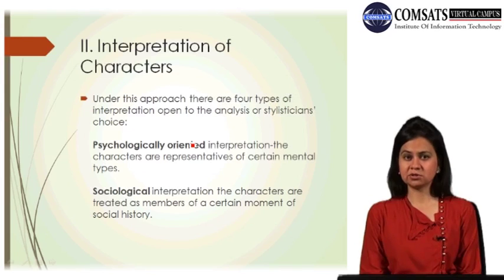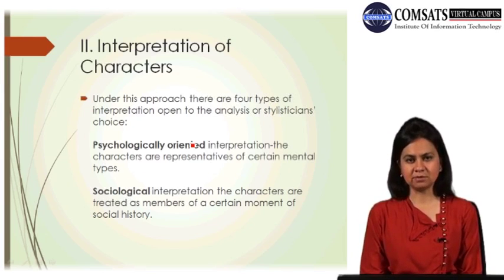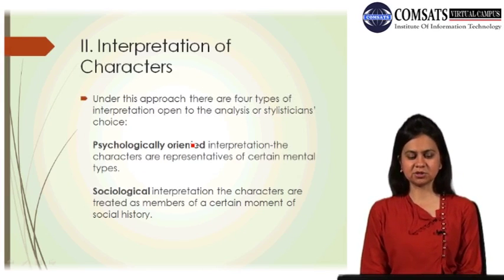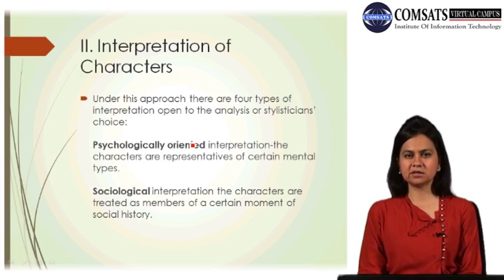So, according to the sociological approach, we are placing the characters in a society which is affected by certain same issues and problems. For example, to understand the sociological approach, look at the text A Tale of Two Cities by Charles Dickens.